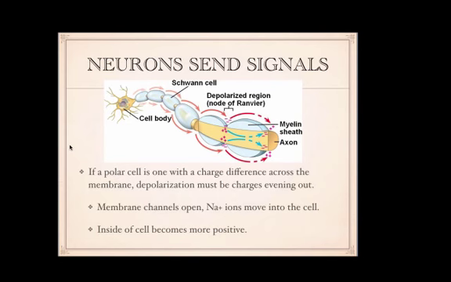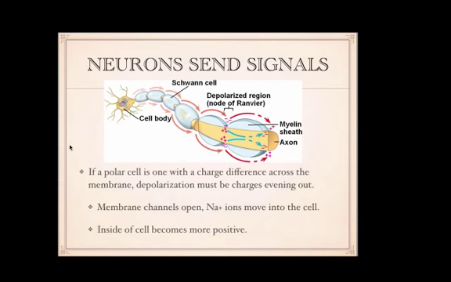So we've said that a resting cell is polar because there's a charge difference across the membrane, and to depolarize the cell literally means to take away the polarization or to even out the charges so that the inside of the cell becomes more like the outside of the cell.